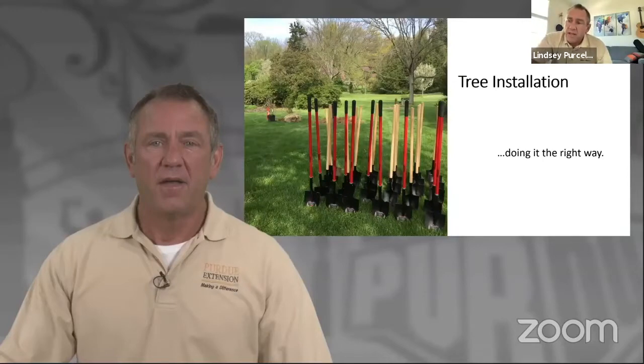So the key thing in selection is making sure you choose something that's not known to be invasive. There's some information on alternatives to invasives on the Purdue Education Store that is available to help you in that selection process. Some common invasive plants that we often see in the landscape are ornamental pears, which are typically called Bradford pears or Callery pears.